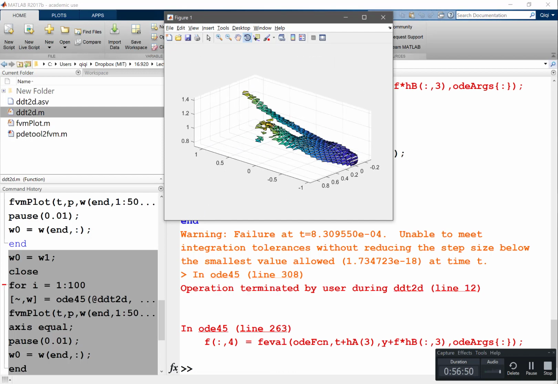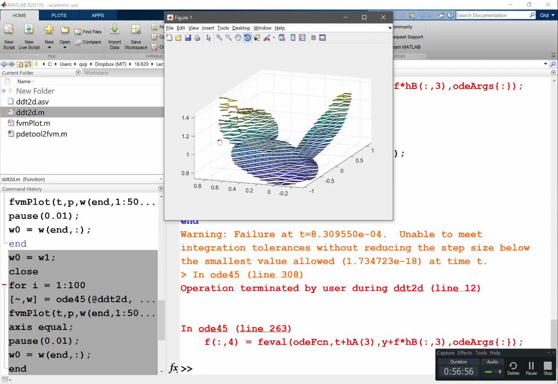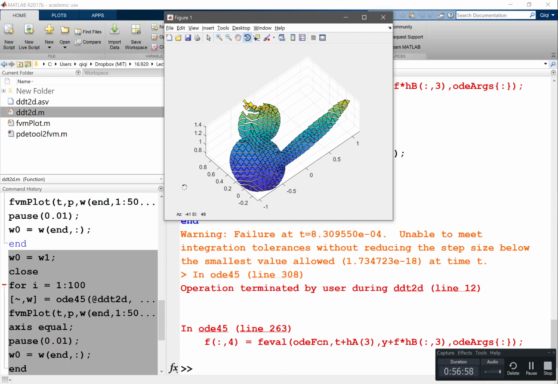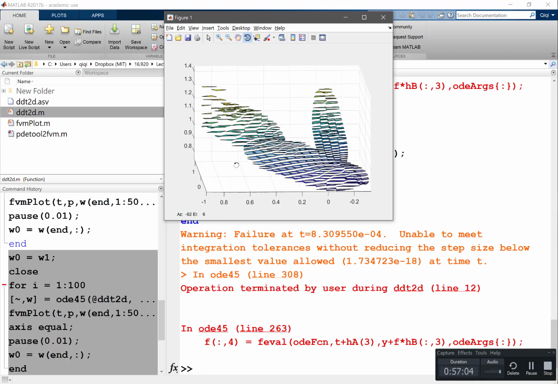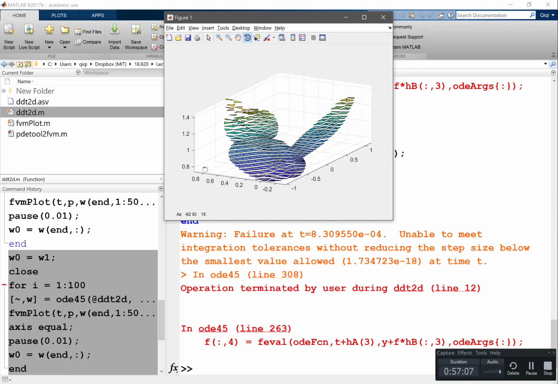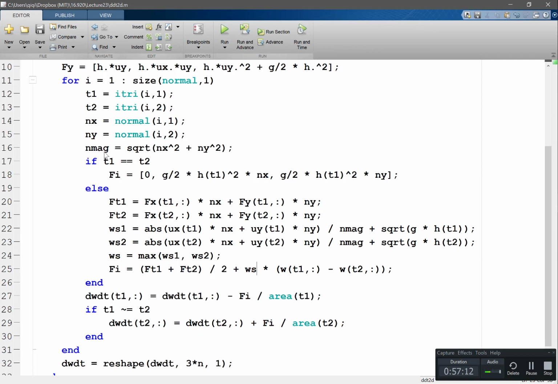And yeah, the same phenomenon that prevented the previous code from working seems to be happening over here too. So again, this seems to be a shock resolving issue similar to what we have encountered last time. But this time I don't see the numerical dissipation term being wrong. Or is it?